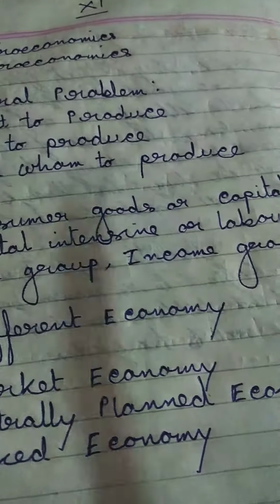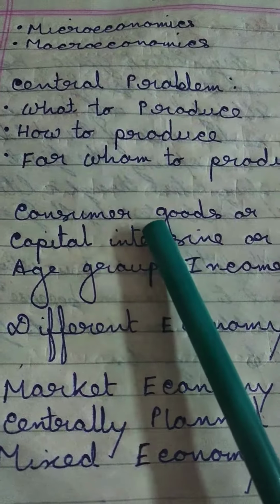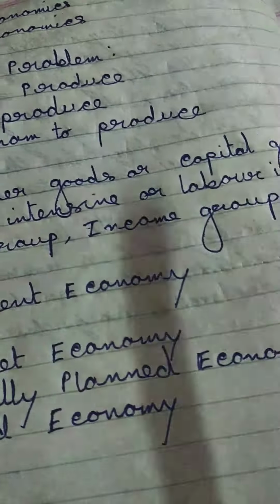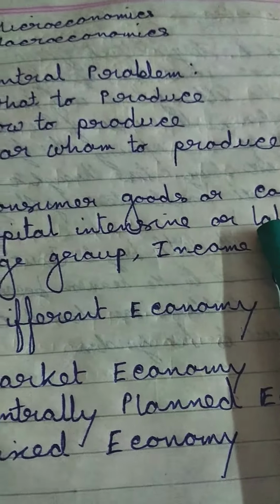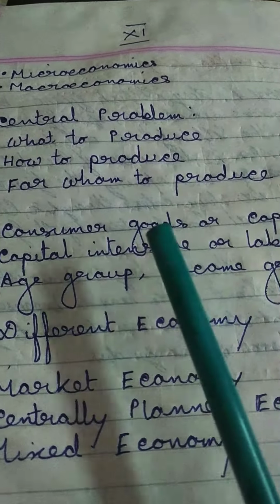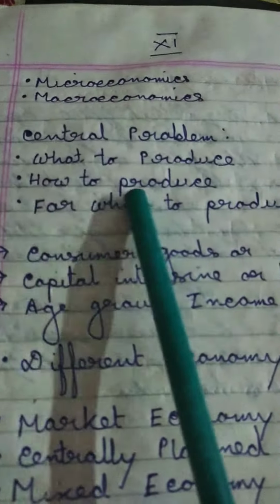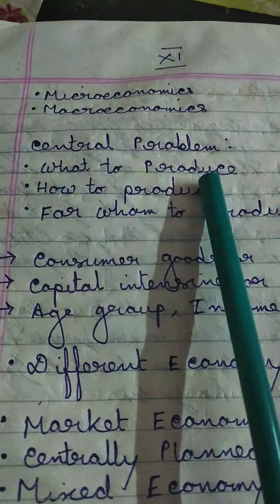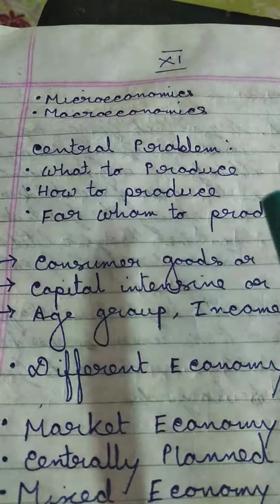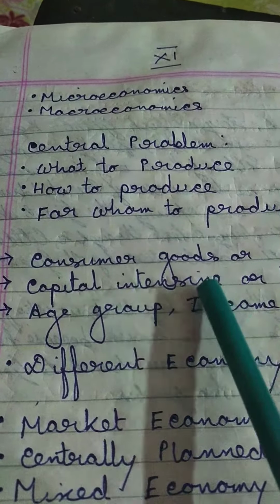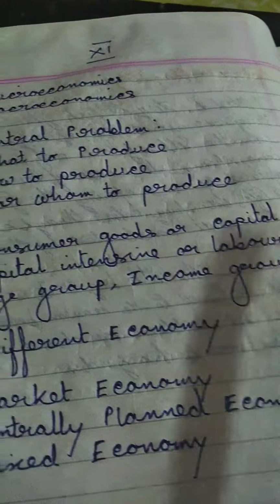Demand for consumer goods comes from the consumer side, meaning the household side, and demand for capital goods comes from the industry side. So these are the two types of goods, consumer goods and capital goods. The first central problem, what to produce, means the producer has to decide which type of goods he or she wants to produce, either consumer goods or capital goods.